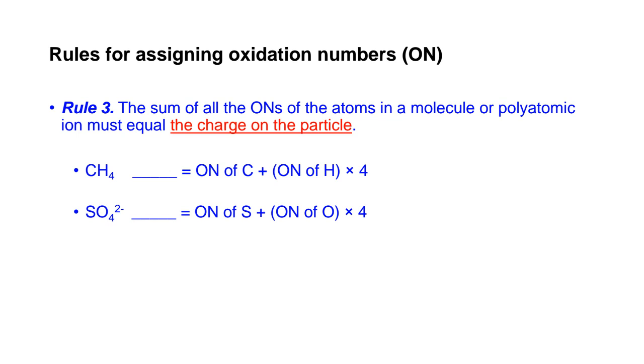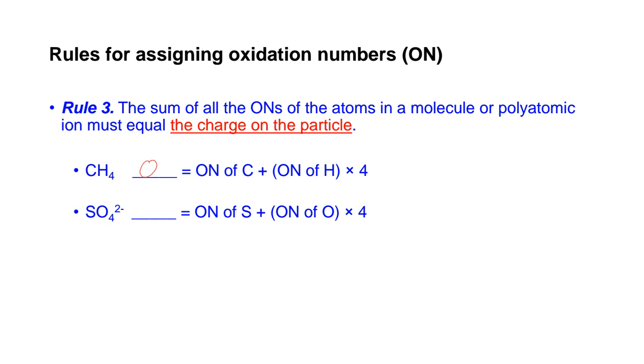Therefore, in the case of CH4, methane, this is a molecule, and it doesn't bear any charge. So if you add the oxidation number of carbon and the oxidation numbers of hydrogen together, that would be 0, because CH4 is an electrically neutral molecule.